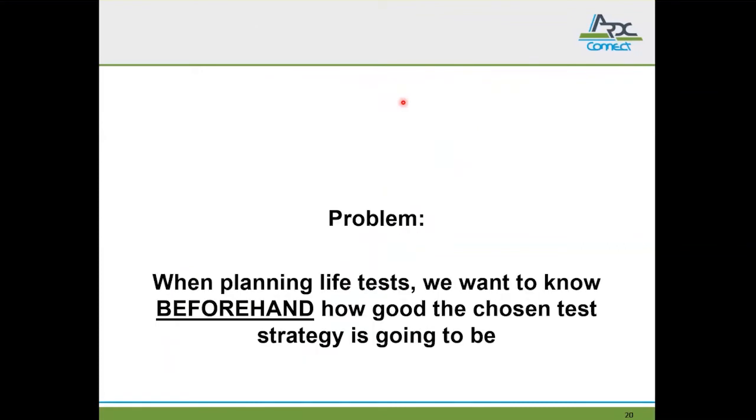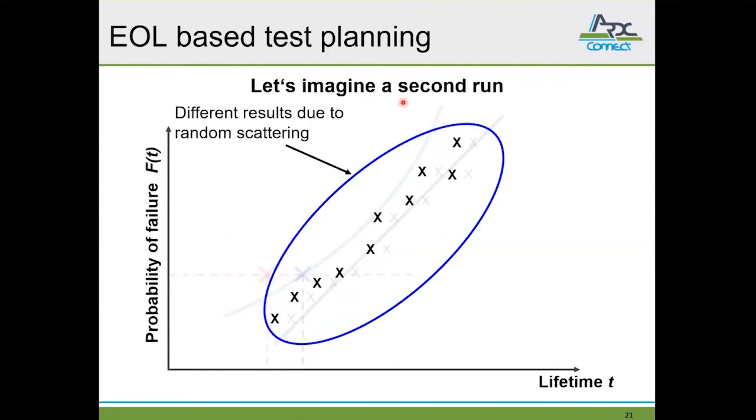So the problem right here is, when it comes to test planning, we want to know beforehand how good a chosen test strategy is going to be. Just imagine we go for a second run with this scenario.